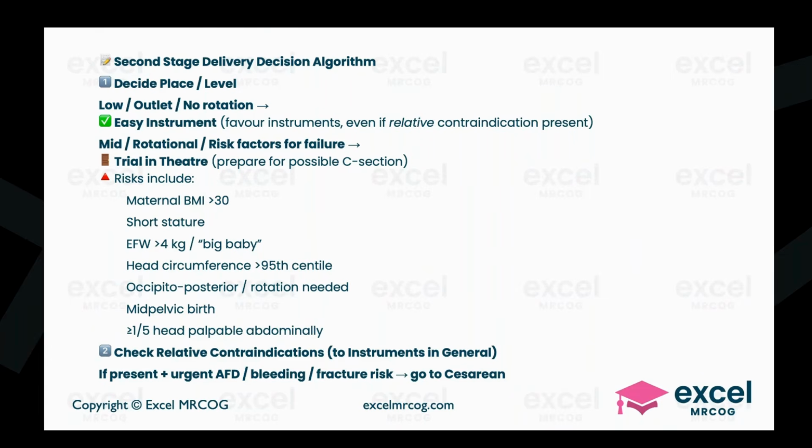Please favor instrumental delivery over a cesarean section, even if you have a relative contraindication in the question. When we said don't use it if a fetal bleeding disorder is there, or if you have the risk of fracture in the baby, what are we trying to say here?